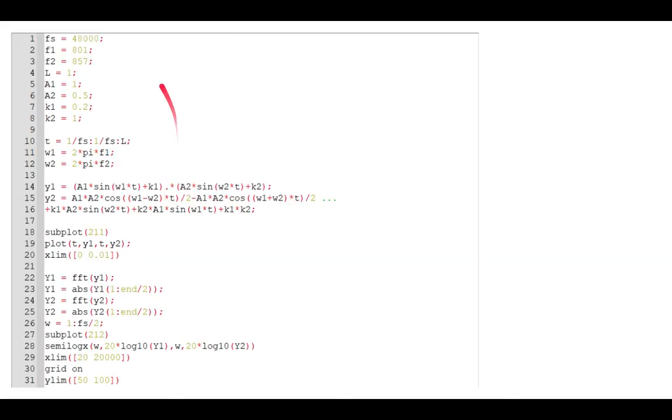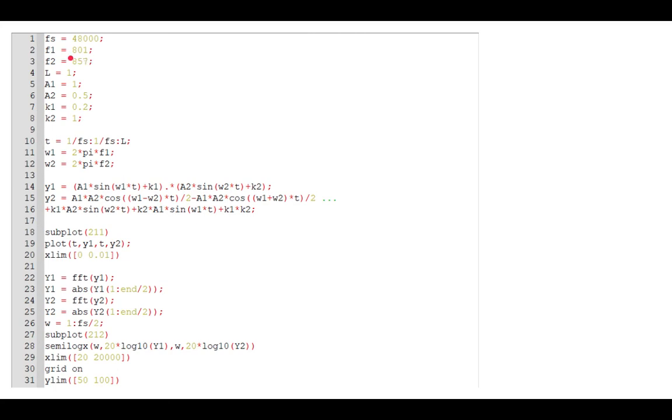And then lastly, I'll just show that using 201 as F1 and 857 as F2, the sum and difference terms were both much higher in frequency than the lower of these two terms. But when these two terms are closer together, just to show it explicitly, you can actually get a resulting frequency that's much lower than both of them.